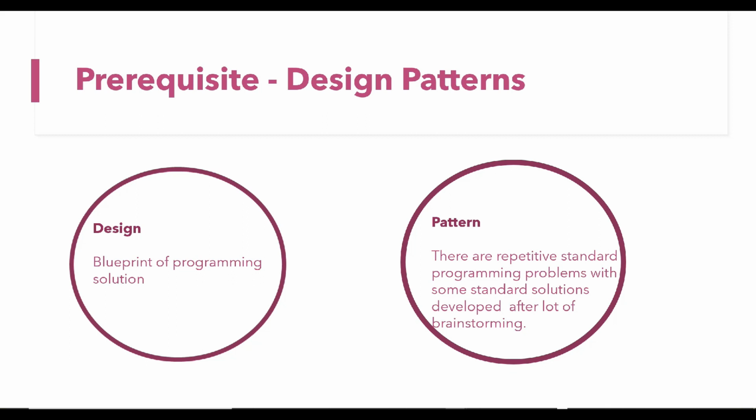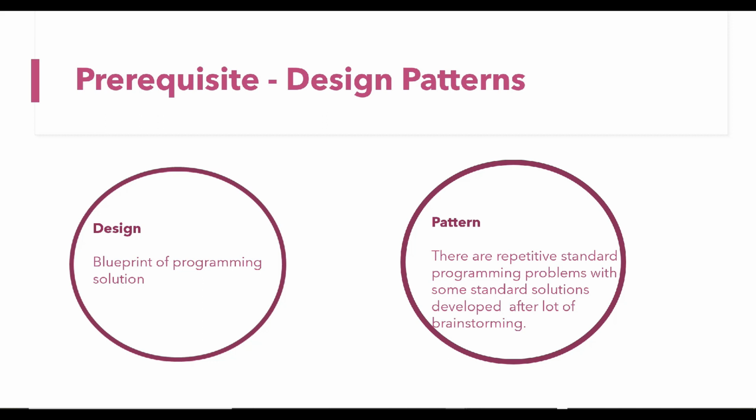So there are some standard problems that programmers have faced over the years while designing any solution. And after a lot of brainstorming by many developers and programmers, they have come up with some solutions. So generally there are some standard problems and standard solutions, and there's repetition in that. These problems are coming again and again, and we are solving them with some standard solution.